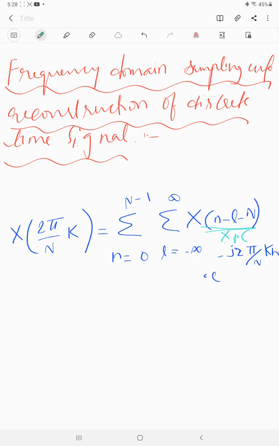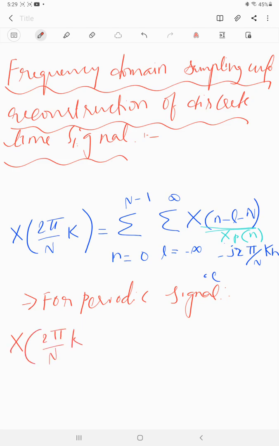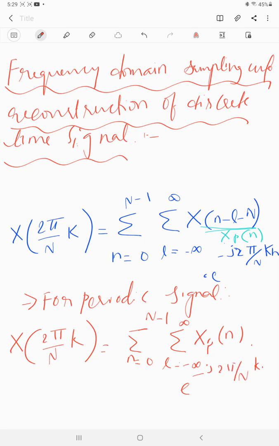After replacing it with x_p of n for a periodic signal, the equation is written as X of 2 pi by N k is equal to summation of n equals 0 to N minus 1 of x_p of n into e to the power of minus j 2 pi by N into kn.